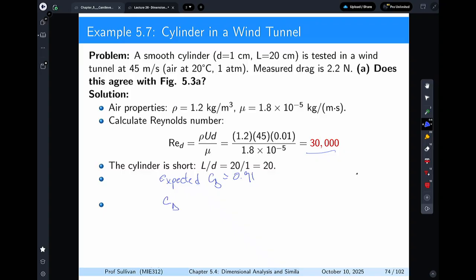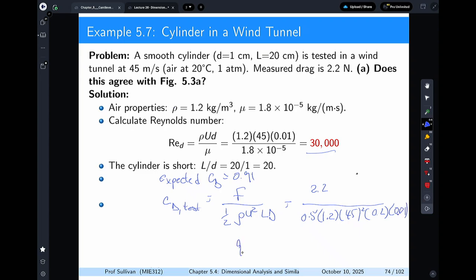C sub d of the test is equal to force over 1/2 rho U squared L D, and that will equal 2.2 over 0.5 times 1.2 times 45 squared times 0.2 times 0.01.